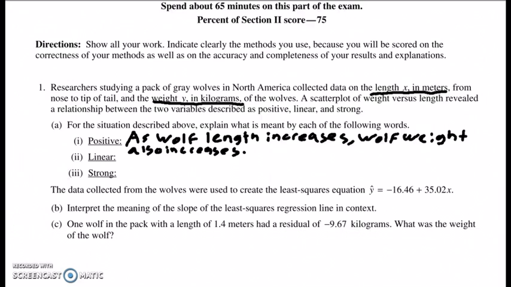And the next one is linear, which I'll just write below that one. So this one just means that the scatter plot of wolf length versus weight resembles a linear pattern.